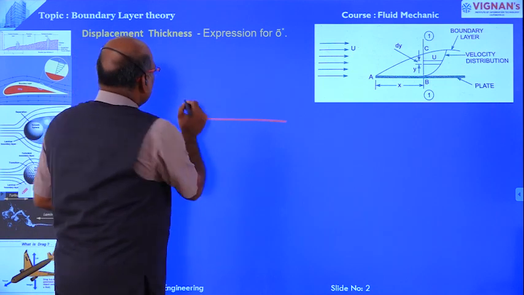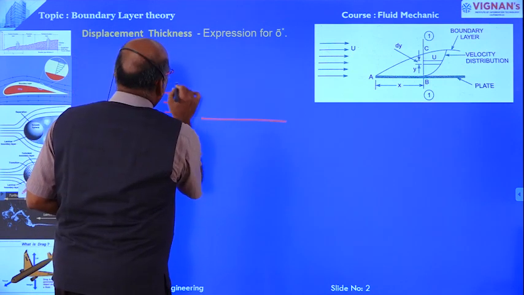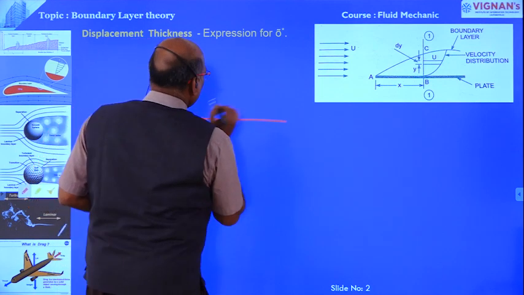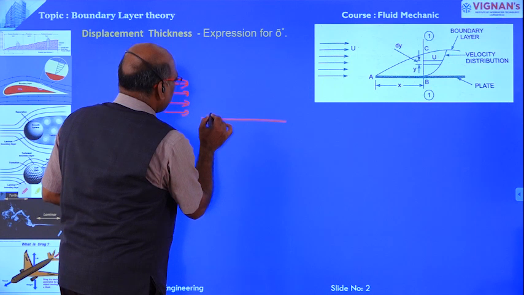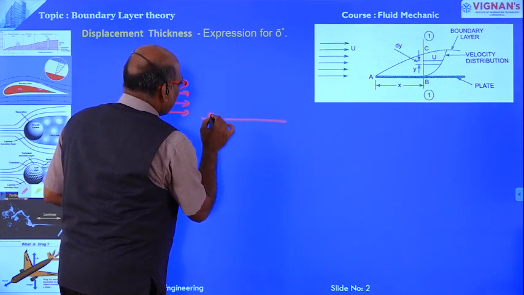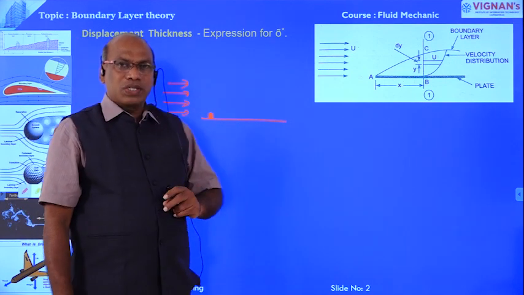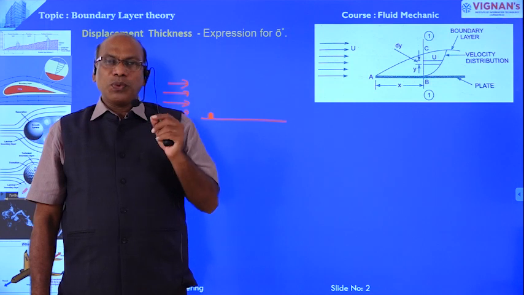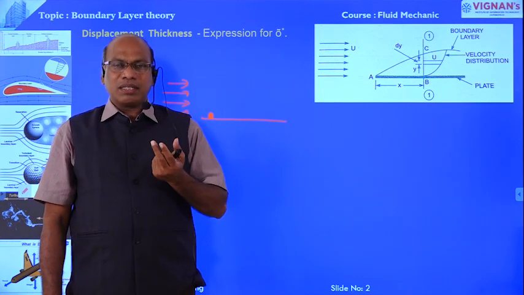If water or fluid is flowing over this solid body, there is contact between the fluid and the solid body, because the fluid has viscosity. Viscosity is nothing but liquid friction.